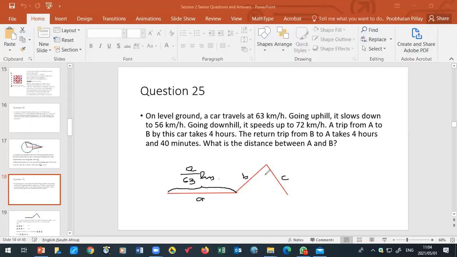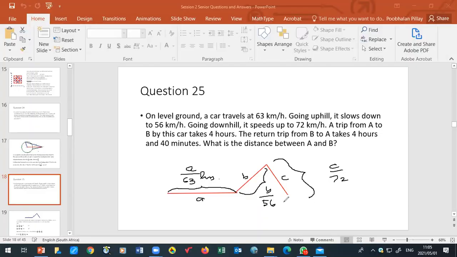Right. Now, likewise, when it's traveling uphill, it travels at 56 kilometers per hour. So the time that it takes to travel uphill is B over 56. This is the distance it travels over its speed uphill, and the time that it takes to travel downhill is C over 72.